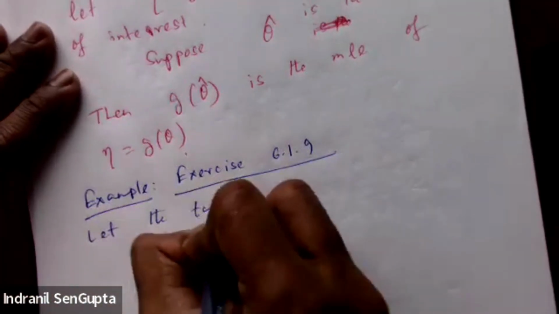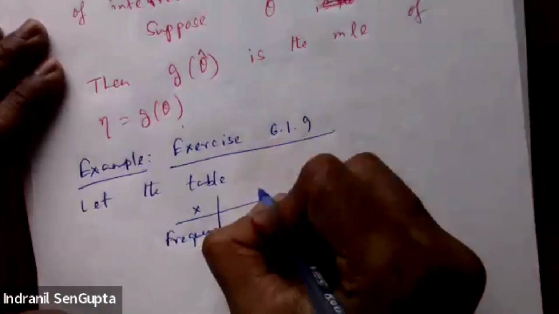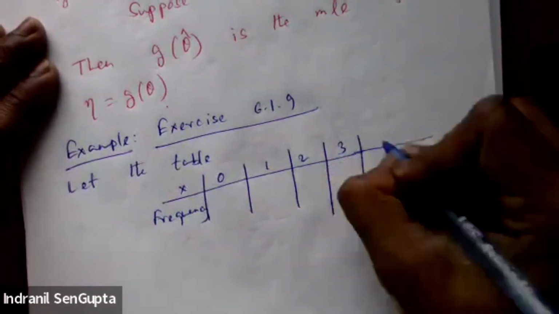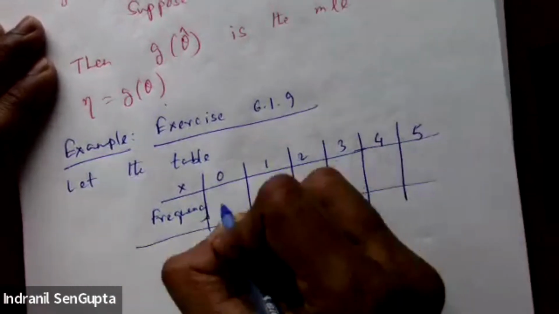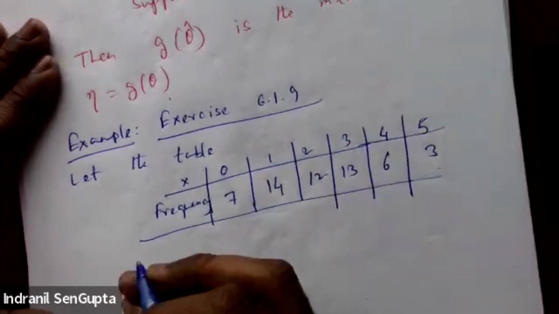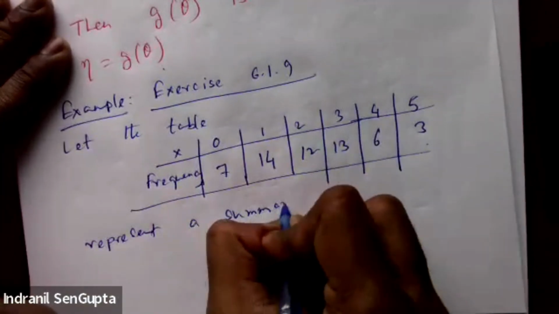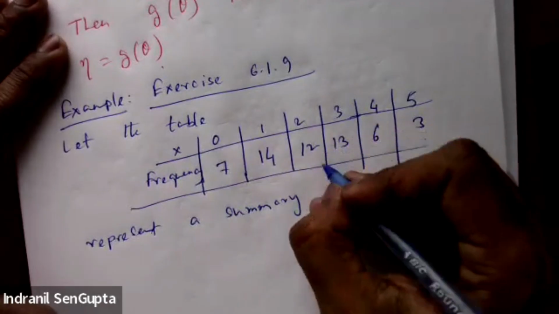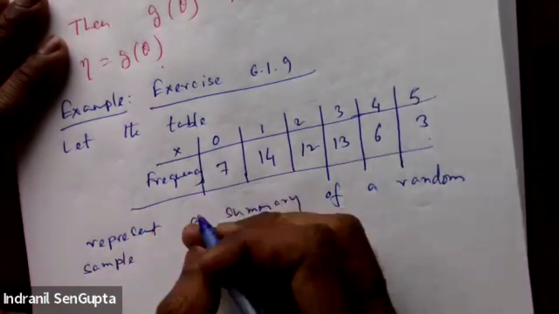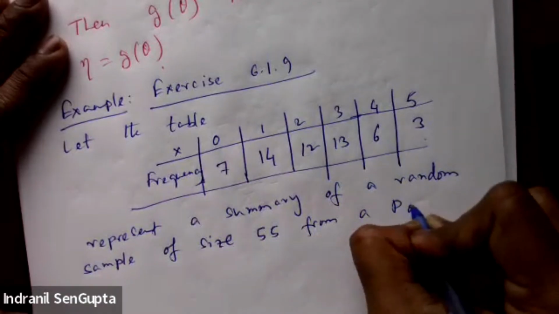Let the table, which is x and frequency, so 0, 1, 2, 3, 4, 5, and here the numbers are 7, 14, 12, 13, 6, and 3, represent a summary of a random sample of size 55 from a Poisson distribution.